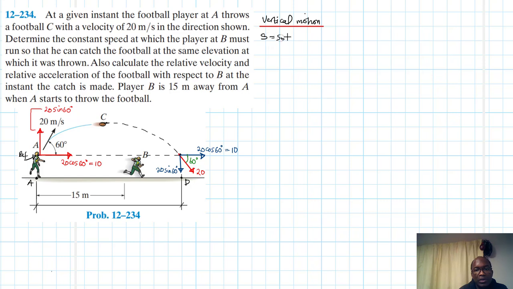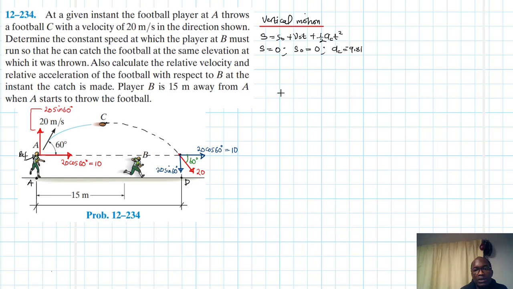S is equal to S naught plus V naught T plus half A_C T squared. So S in our case is 0, S naught is 0, A_C is 9.81 meters per second squared, which is a minus.